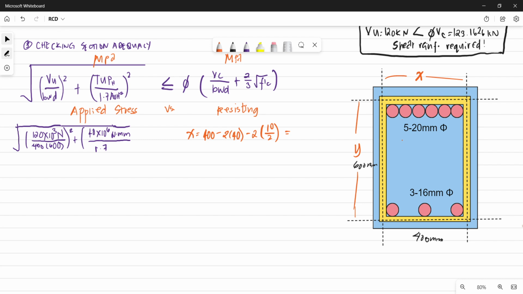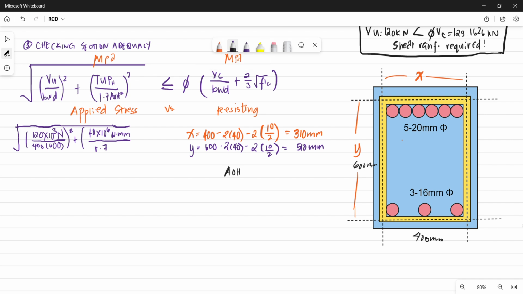So your X is equal to 310 mm. And for your Y, this is 600 minus 2 times 40 minus 2 times 10 over 2. So you have 510 mm.